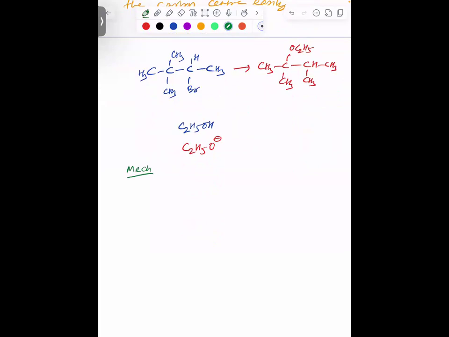This is polar protic solvent. So polar protic solvent means the reaction will go through the formation of a carbocation intermediate. The carbocation intermediate will be formed first, then a methyl shift.